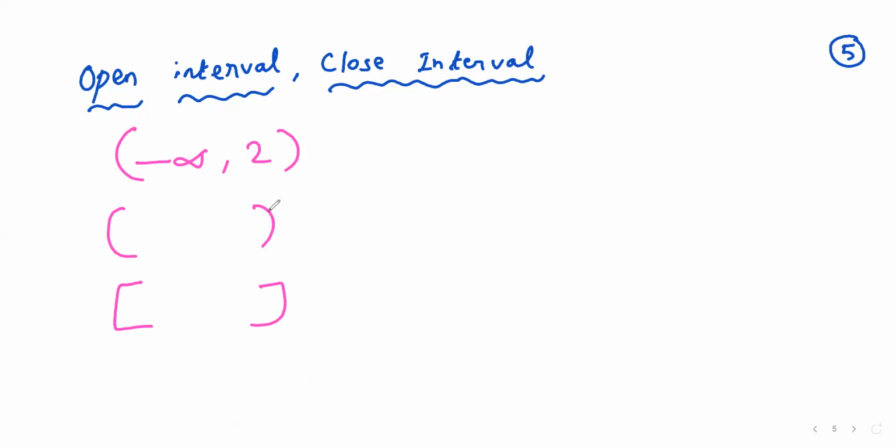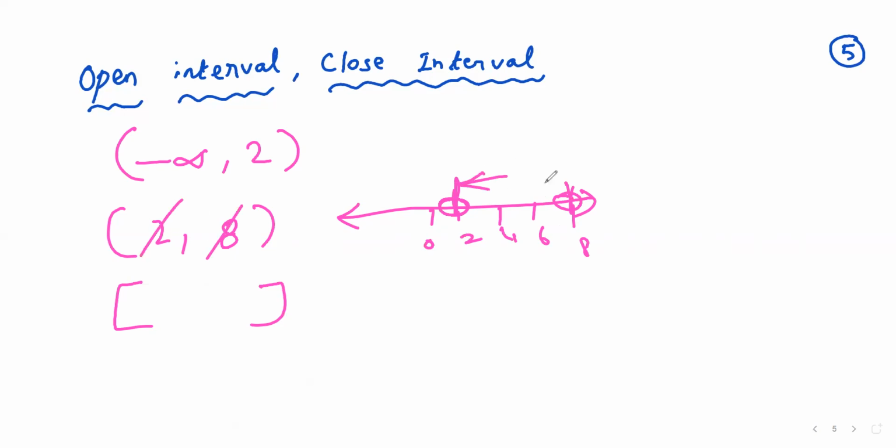Suppose your open interval is 2 to 8, meaning 0, 2, 4, 6, 8. From 2 to 8, you should not include 2 and 8. In between are your answers.